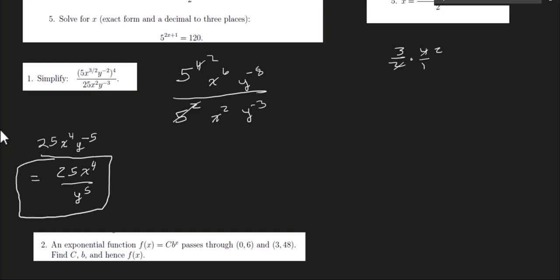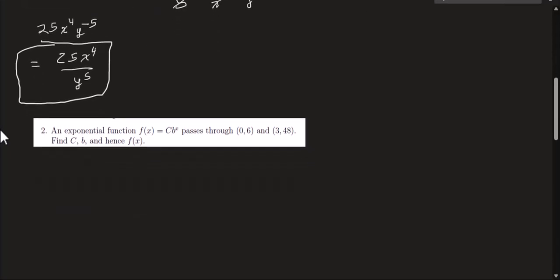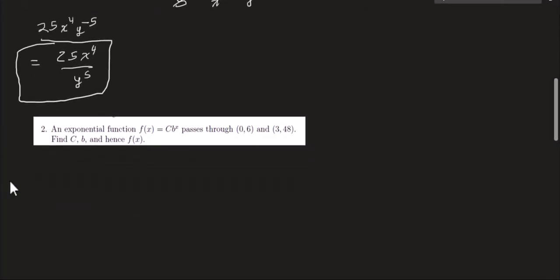An exponential function f of x equals cb to the x passes through 0, 6, and 3, 48. Okay, so if it passes through 0, 6, that's x equals 0, and f of x equals 6.